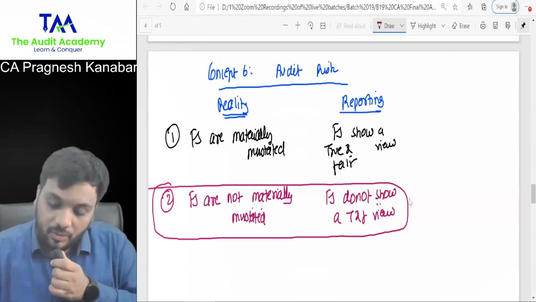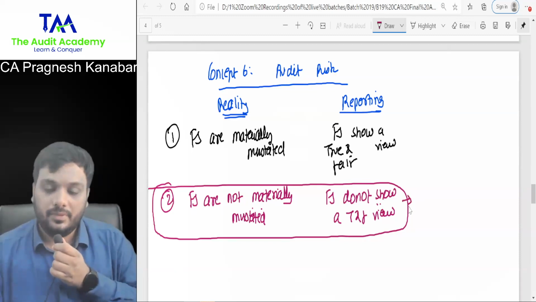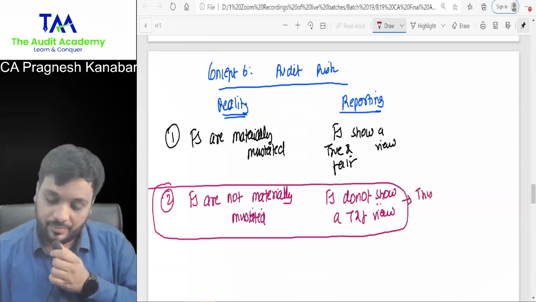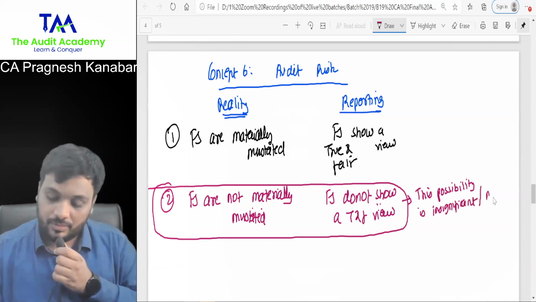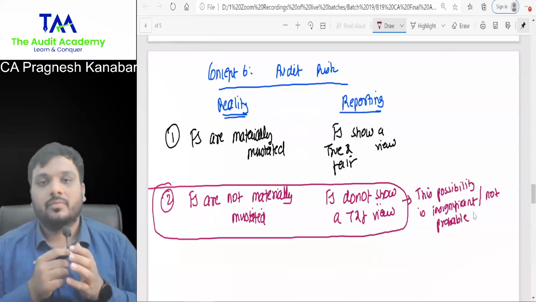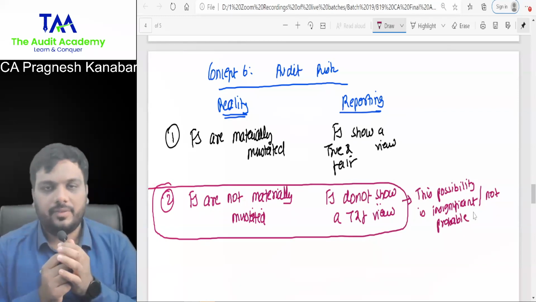And that is why we do understand that this possibility is insignificant, or just to say it is not probable, considering the practical life. Correct.